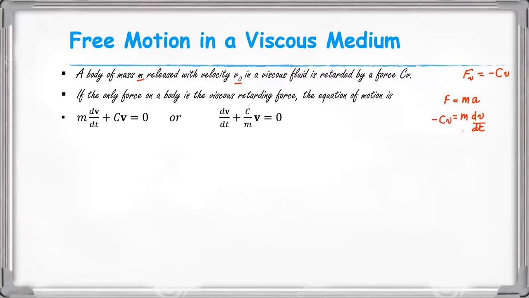Then when we arrange the expression, taking this quantity to the other side, m dv by dt plus Cv is equal to 0. This is the equation.